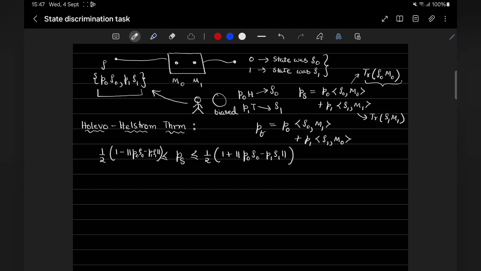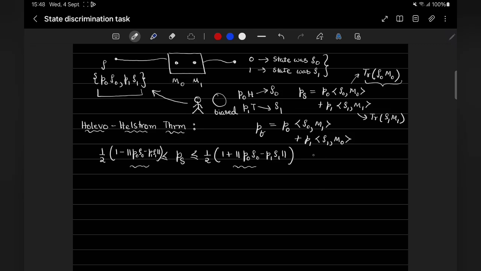So this is the main theorem, which is called the Holevo-Helstrom theorem. I can at most fail by this amount, and I can at most succeed by this amount.